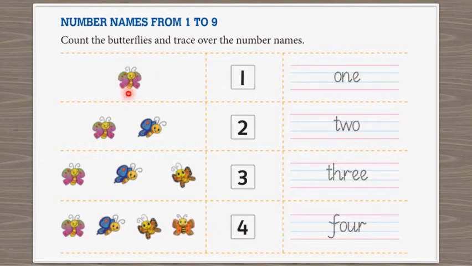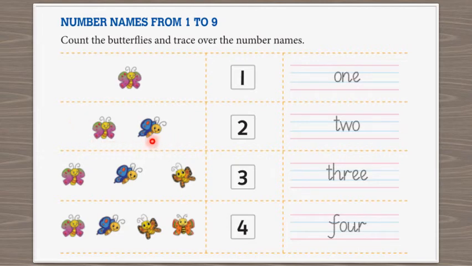Here we have only one butterfly. Number 1 is written here and the number name is ONE. You should trace on these to learn the number names and the spellings of number names.